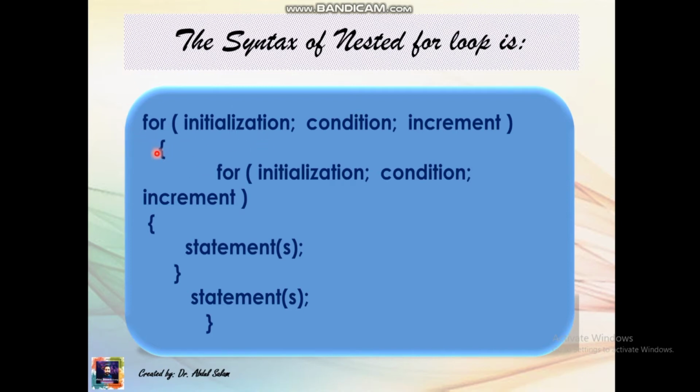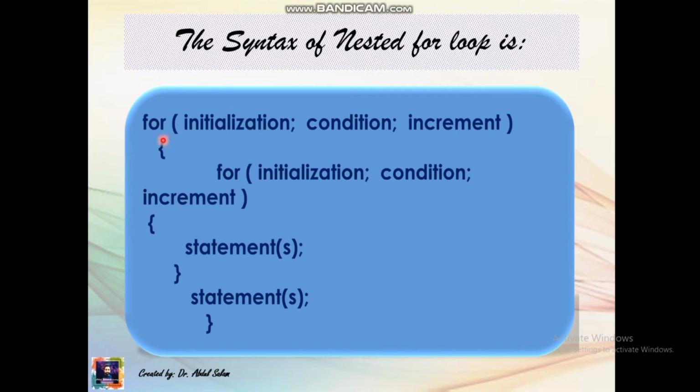Now here again, inside the curly bracket, we will use the for loop. So we can say that the nested for loop is a for loop inside a loop, that is, simply a loop inside a loop is called a nested loop.